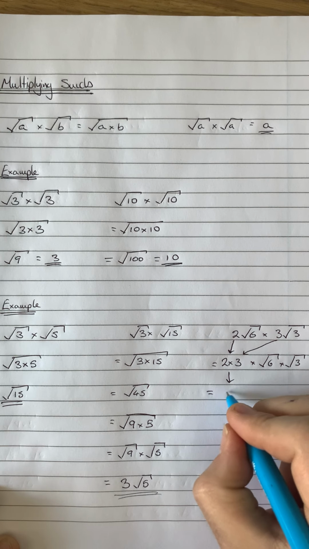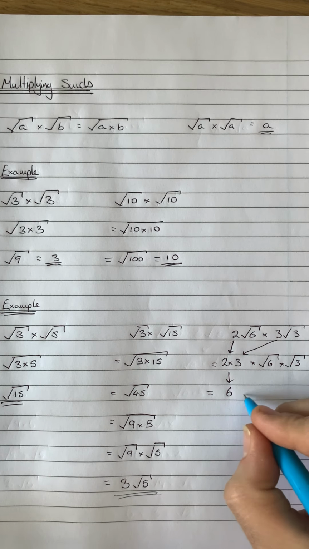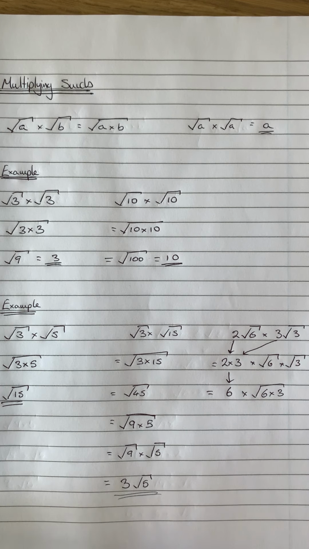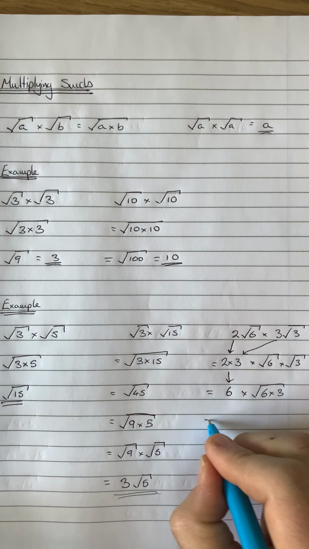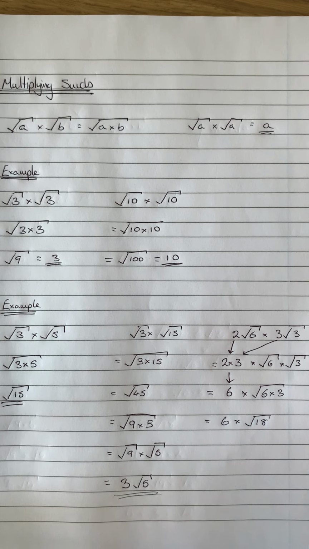So 2 times 3 gives us 6. And we're multiplying that by root 6 times 3 underneath, and we know that 6 times 3 gives us 18.